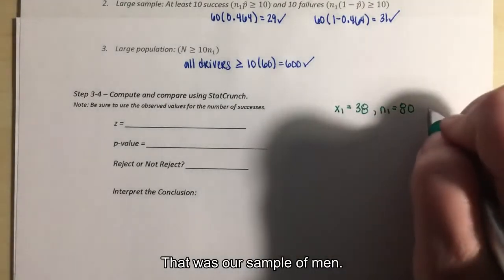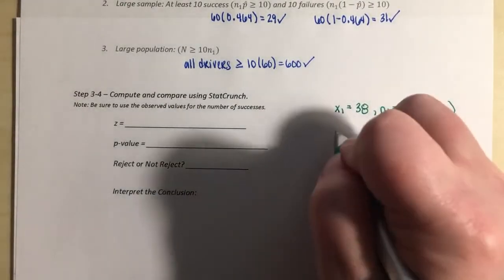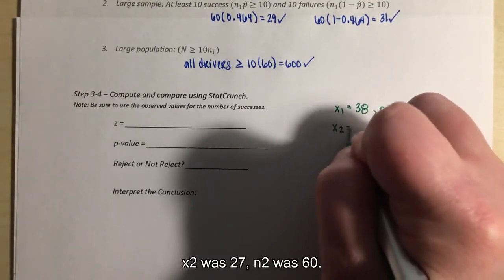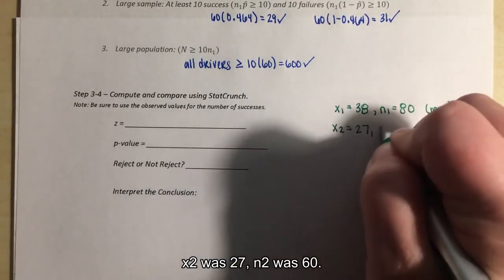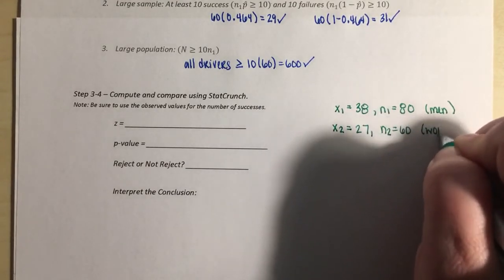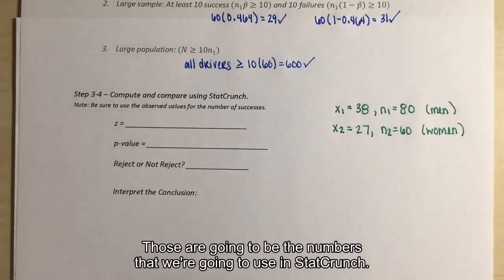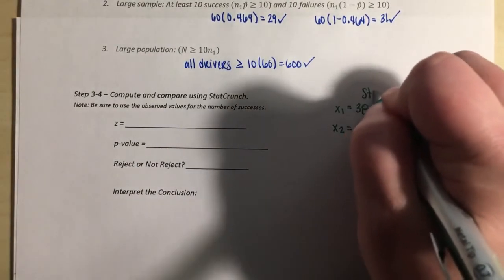That was our sample of men. X2 was 27, N2 was 60. That was from the women. So those are going to be the numbers that we're going to use in StatCrunch.